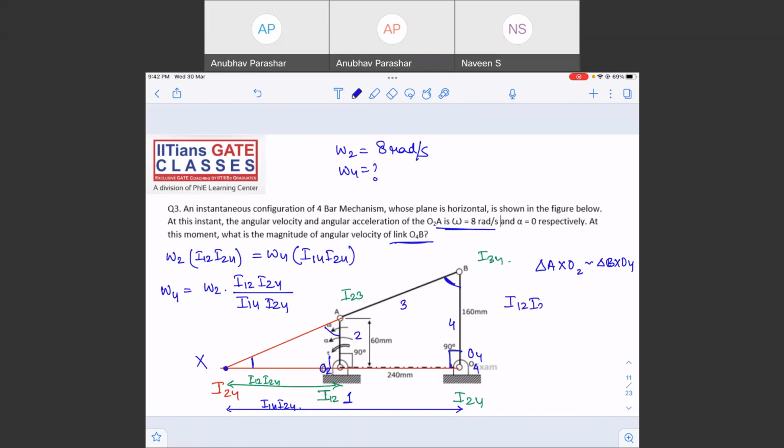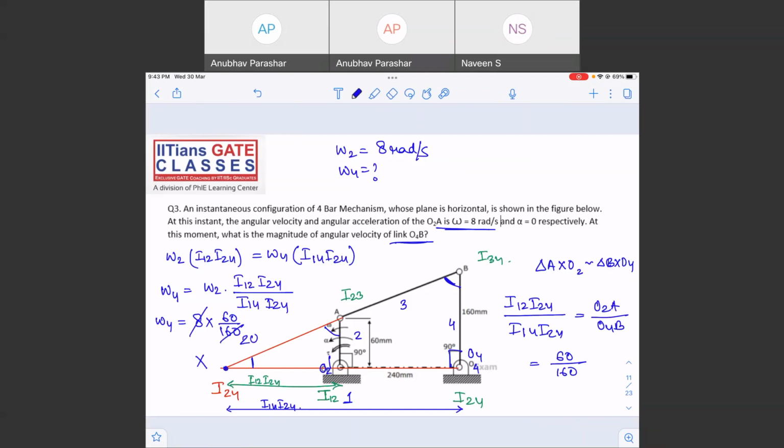So in that case, can I say I12 I24 divided by I14 I24 is equal to O2A divided by O4B? Yes or no? O2A is given as 60, O4B is given as 160. Can I say omega 4 is equal to omega 2, which is 8, into 60 divided by 160?